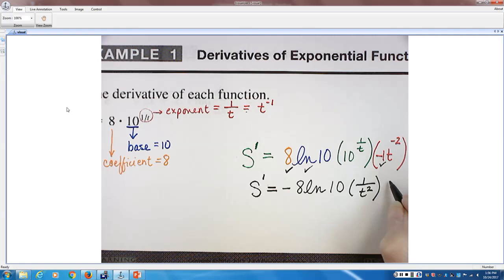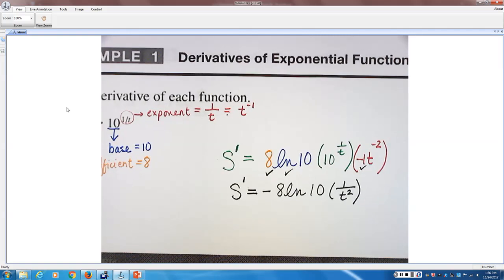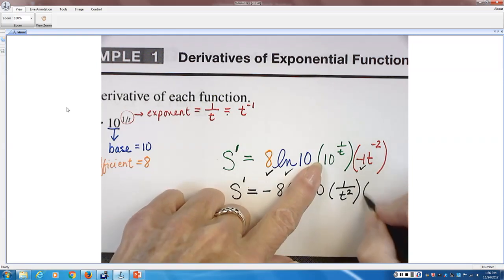And then that's all going to be, excuse me? Over. Like the negative 8 ln 10 over t squared? Yes, that was the next thing I was going to do. And then I'm just going to keep my 10 to the 1 over t power.